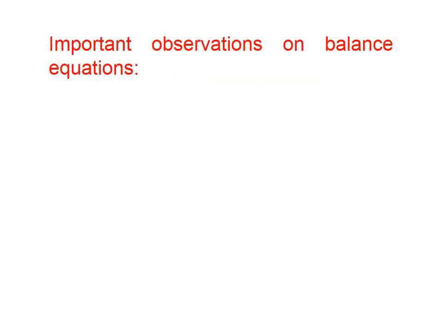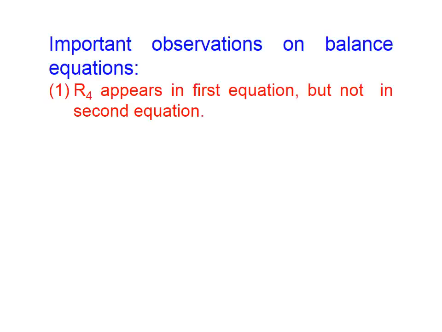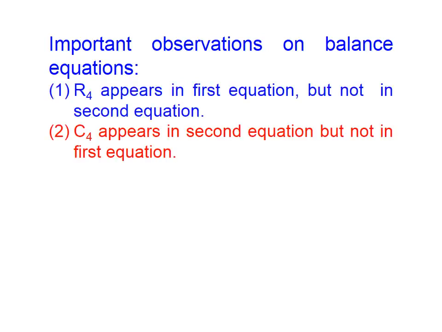Let us quickly make some important observations on the balance equations of this bridge. R4 appears in the first equation but not in the second equation. Capacitor C4 appears in the second equation but not in the first equation.